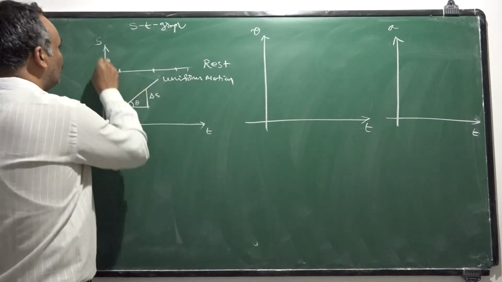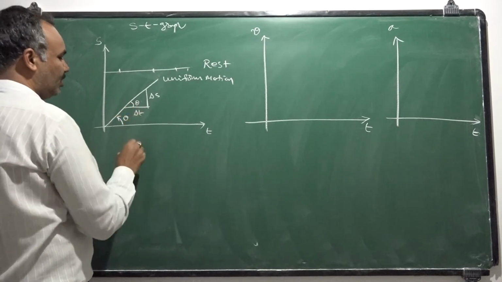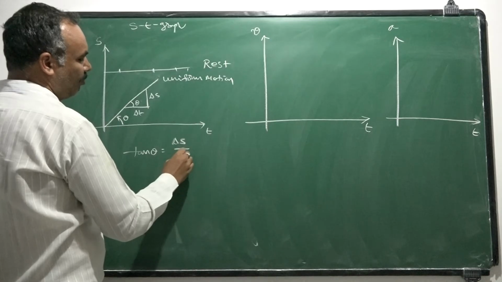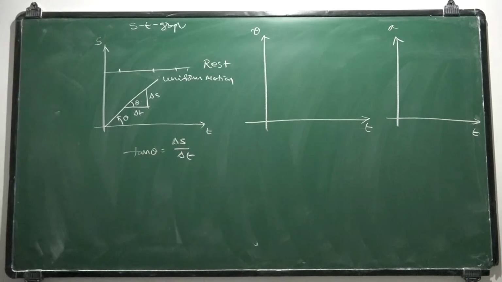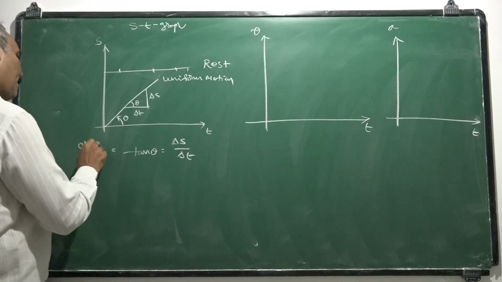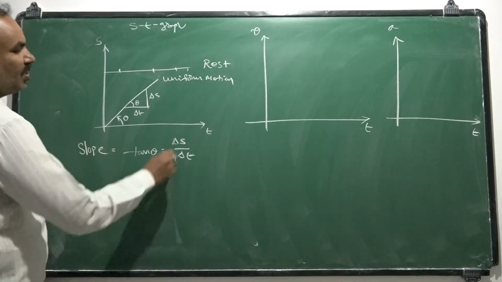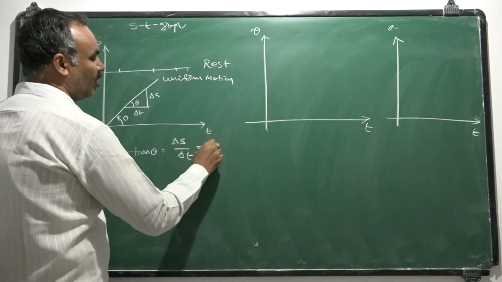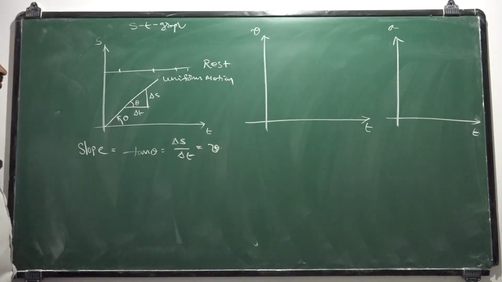It's a part of displacement axis, it's a part of time axis. So tan theta is equal to displacement by time. So tan theta is nothing but slope of the straight line. The slope will give change in position by time interval. Change in position by time interval is called velocity. So this is called velocity of the body.